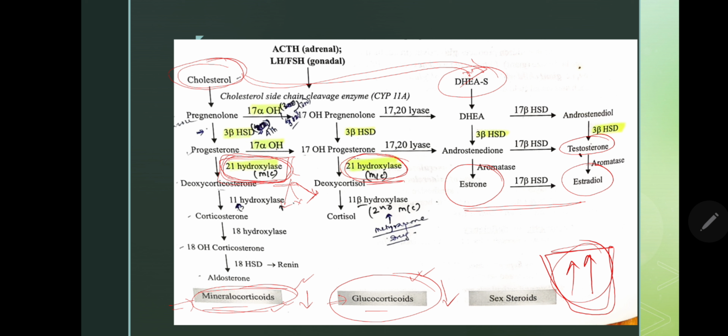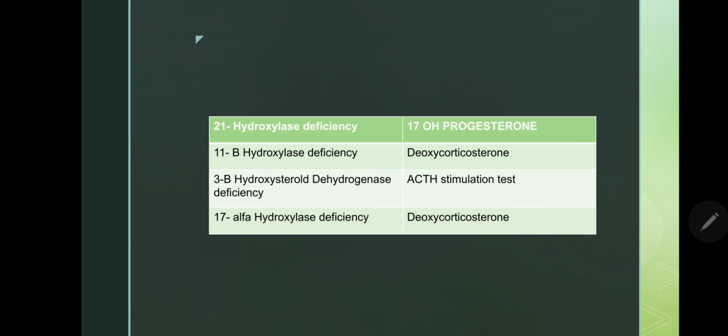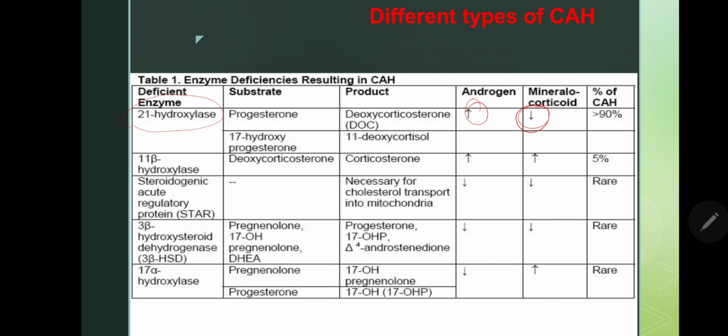That means muscularization, change of voice, and there may be mustache formation in the female because of the increased androgen hormone at puberty, and the male patient presents with precocious puberty. So this is 21 alpha hydroxylase.